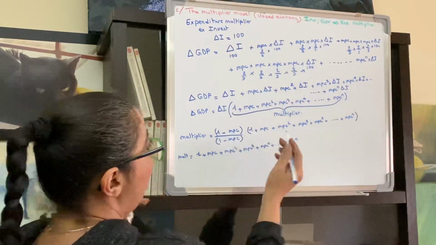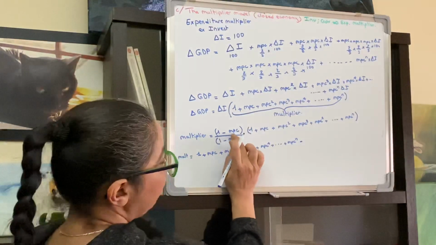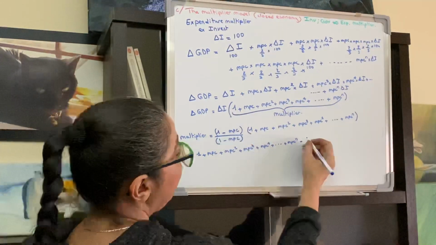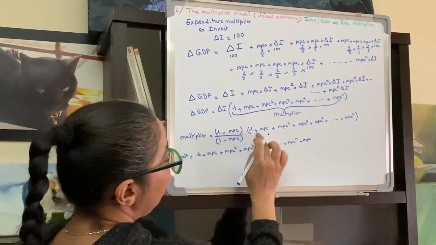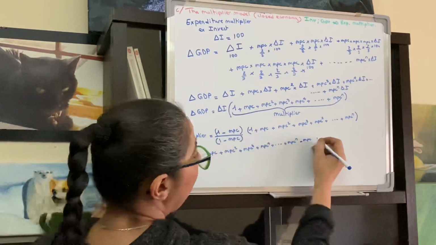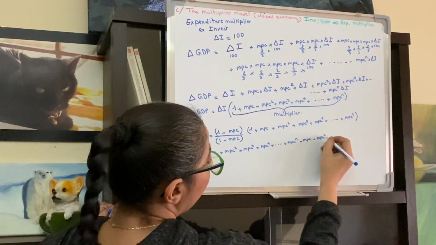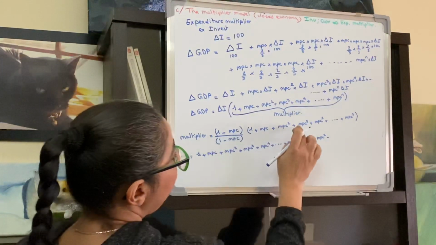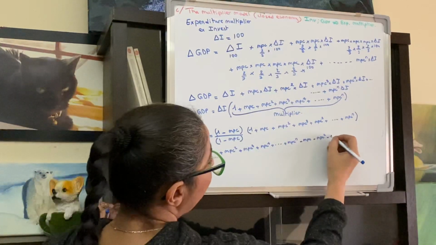So minus MPC times 1 is minus MPC. Minus MPC times MPC is minus MPC square. Minus MPC times MPC square is minus MPC to the cube.